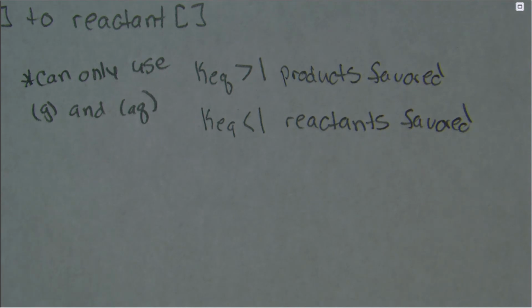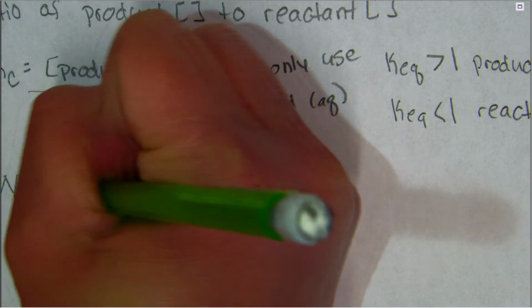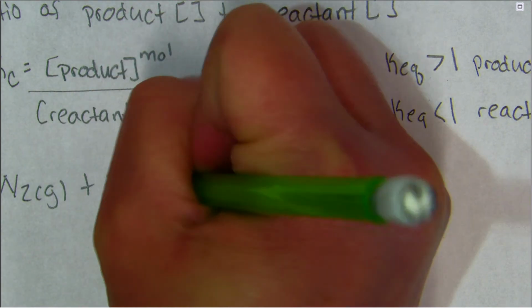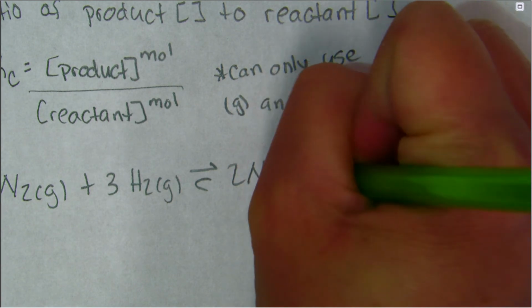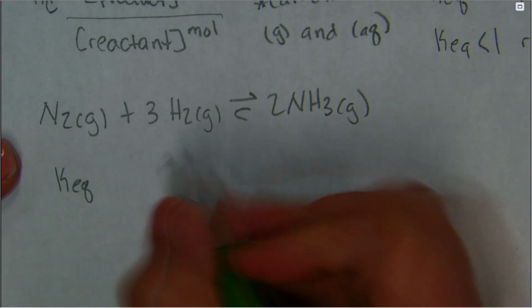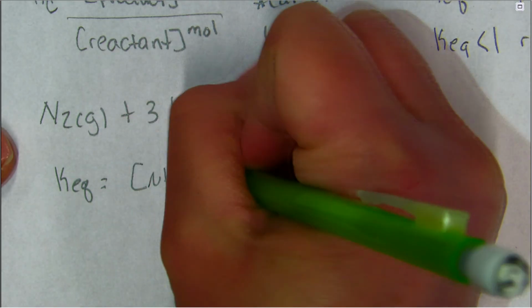So let's go back to the original equation that I wrote to show us what a forward and a reverse reaction look like. And we're going to use this same equation to calculate concentration. All right, so let's write our equilibrium expression. Our KEQ, EQ for equilibrium expression, is going to be the concentration of products, which are NH3, raised to their mole.